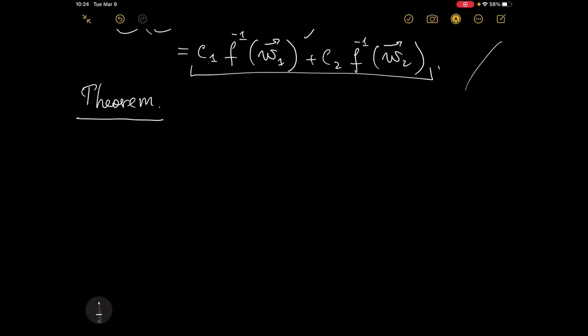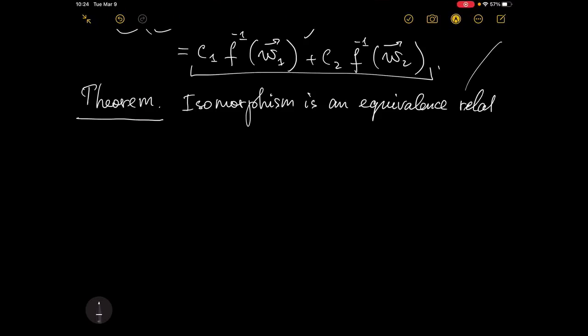Okay, now I can formulate a very, very important statement, and this is why it's a theorem. Isomorphism is an equivalence relation between vector spaces.